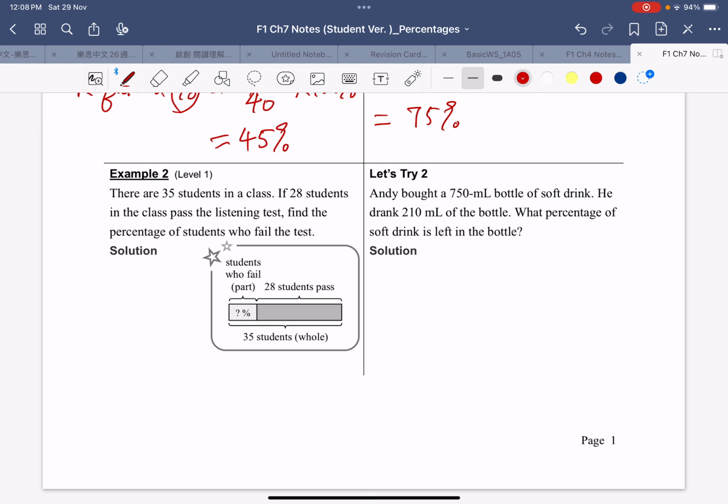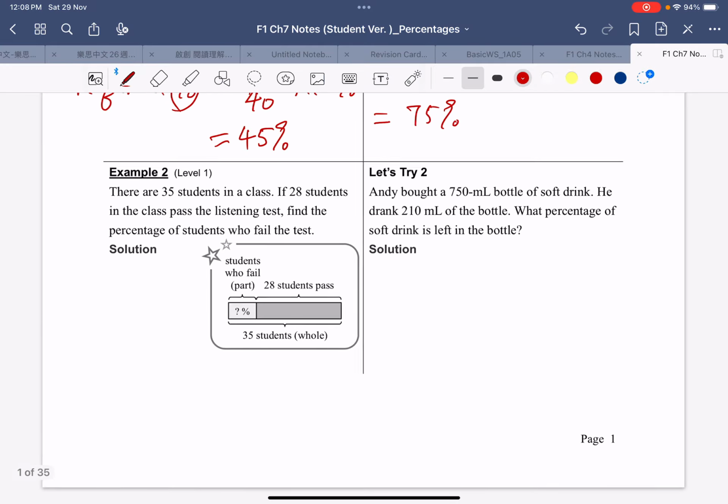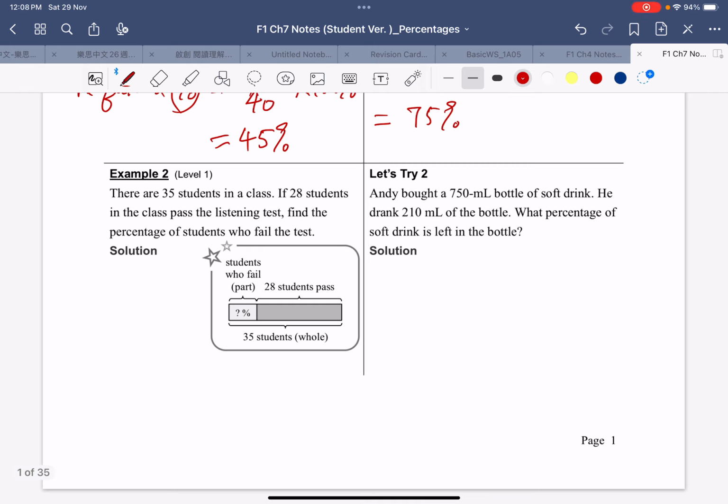Okay, so look at example 2 now. We can find the part first. Okay, we have 35 students. 28 passed, so the number who failed is 35 students minus 28 students. This will give you the number 7. So students who failed is 7.